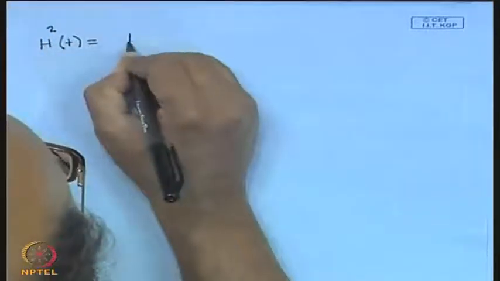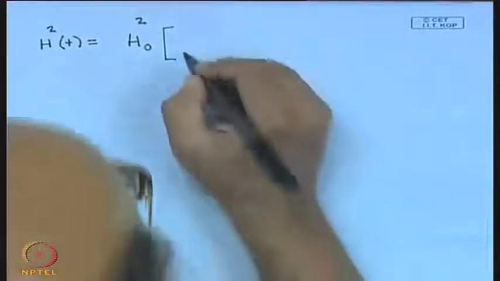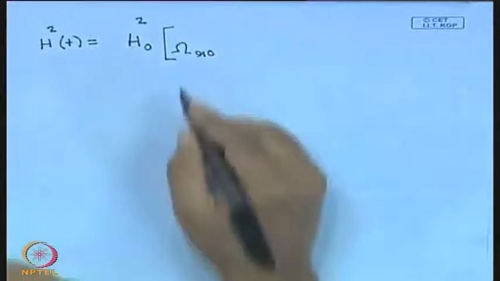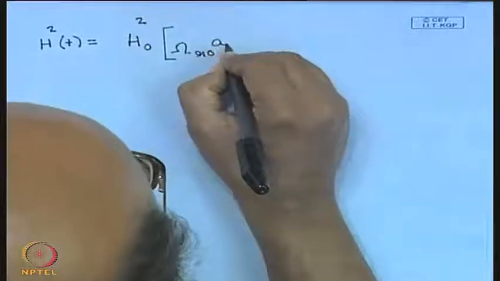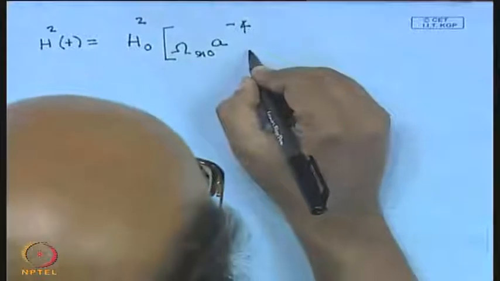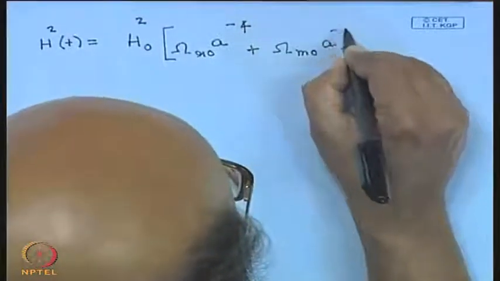Let me remind you again that the basic equation that we wrote down was H square of t is equal to H naught square into, so I will have omega relativistic particles, and with the expansion of the universe, the contribution from the relativistic particles goes down as a to the power minus 4, plus omega matter naught a minus 3, plus other terms.